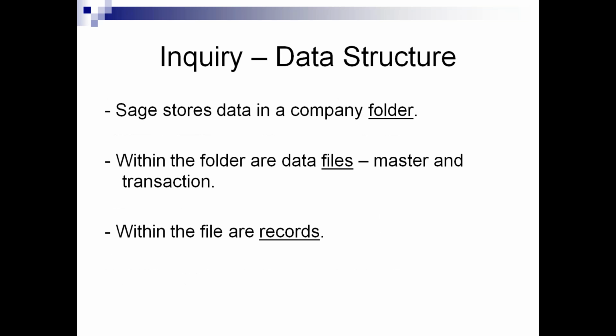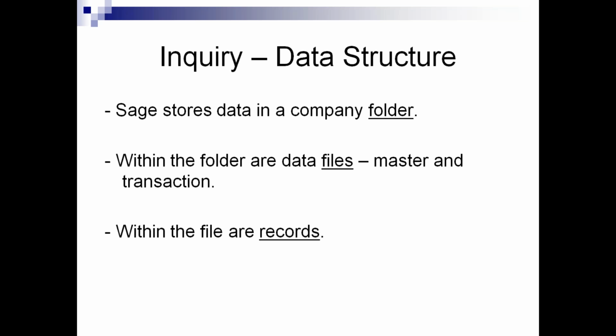Let's do a little overview on our data structure. This is exactly the same thing that we saw in Report Writer, where Sage is storing the information about our company in a company folder. Within that folder are the data files. The files that we're going to be dealing with will depend on the records that we pull into that inquiry.